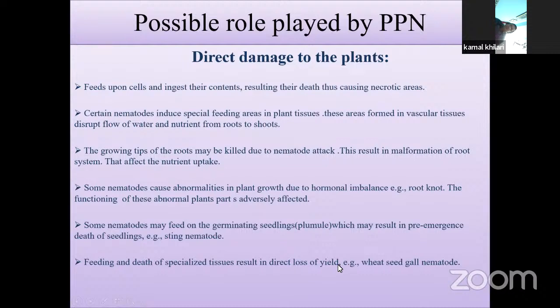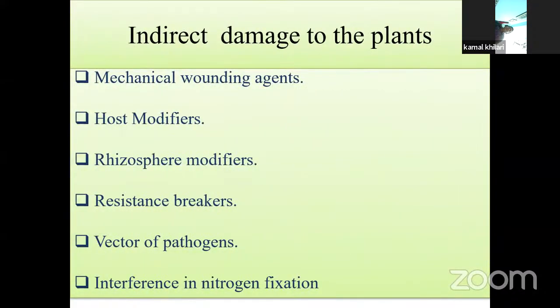There is one nematode that converts the grain in the case of wheat. The grain converts into a hard structure that is known as ear cockle. If there is formation of ear cockle, there is a complete loss of the grain and a reduction in the yield. These are the different kinds of direct damage to the plant. And then there is indirect damage.